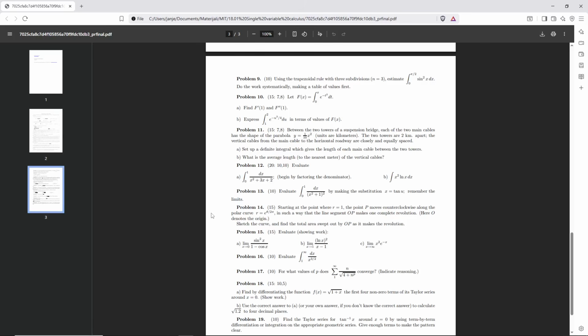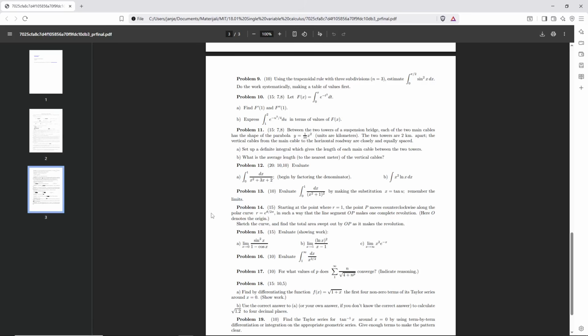In problem 15, we're dealing with limits of indeterminate forms, and we're going to use L'Hopital's rule to find those limits. Problem 16 deals with an improper integral, and we're going to see whether this integral converges, and we will evaluate it if it converges.